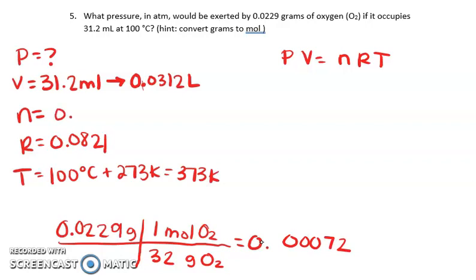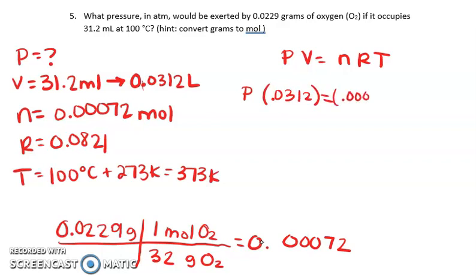So I can go back up here and plug that in. 0.00072 moles is how many moles I have. So I can start plugging into my problem. I've got P, which I'm searching for, times 0.0312 liters, equals 0.00072 moles, times 0.0821, my ideal gas law constant, and my temperature of 373 Kelvin.